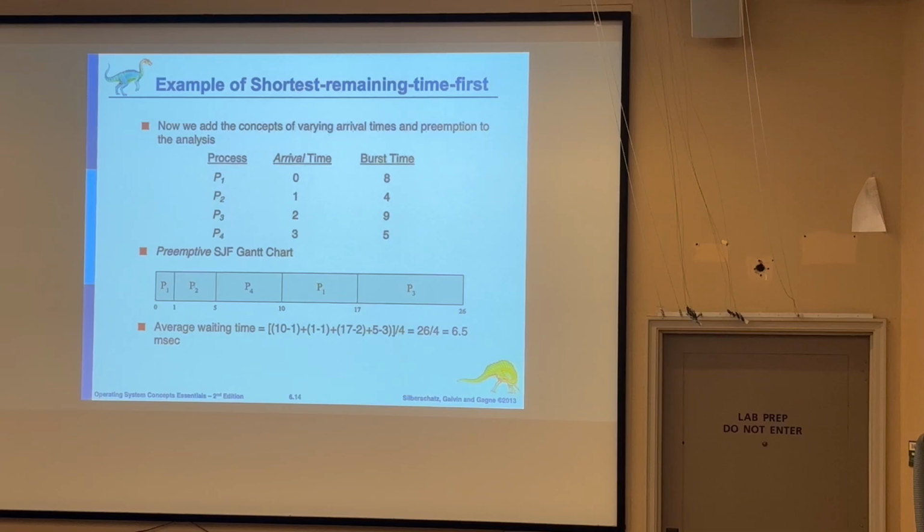In this case, it decides P2 needs to be scheduled at time 1, because it picks the one that has the shortest remaining time. Similarly, when P3 arrives, when P4 arrives, you also make this decision.